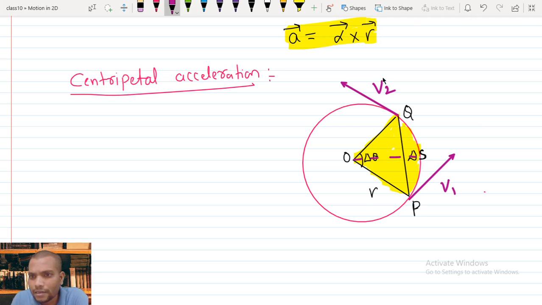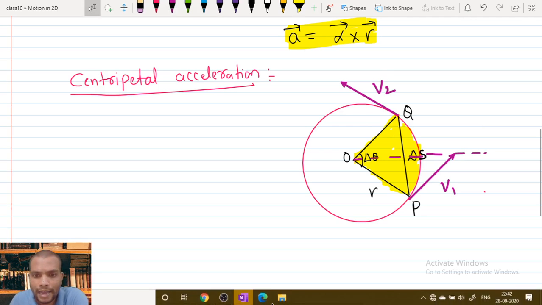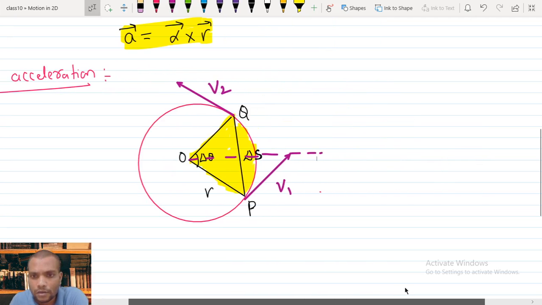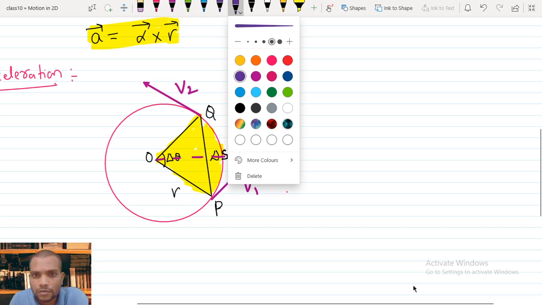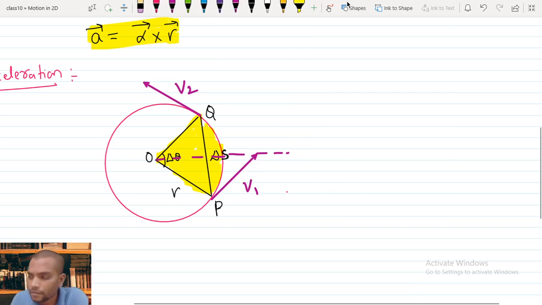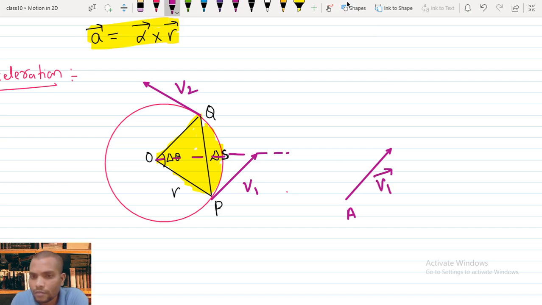Now if I add the two vectors, from a point A, adding the velocity vector, I am considering another point A. So this is the velocity vector with magnitude up to a point B, and from the same point if I take another velocity vector, this goes to a point C, velocity vector v2.